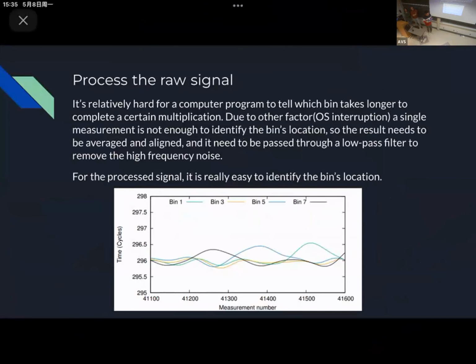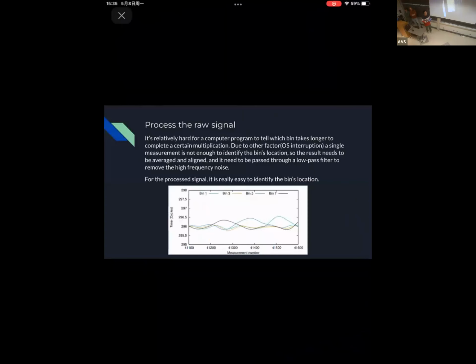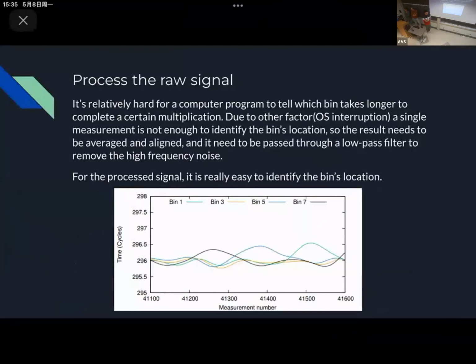It's also relatively hard for the program to tell which bin takes longer to complete certain multiplications, because other factors like OS interaction and some ALU computations introduce very high frequency noise. So a single measurement is not enough.